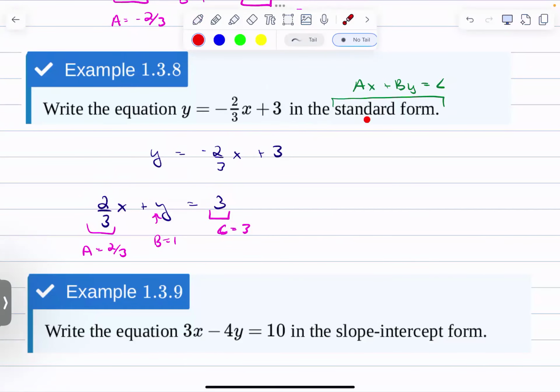If I'm asking for you to rewrite it in standard form, I would put in brackets ax plus by is equal to c, just to kind of remind you. On an assignment question, I might forget to, but you're working together and you've got your textbooks and all your notes, so you can look it up, right? But in a test situation, no, that's not something I expect of you.